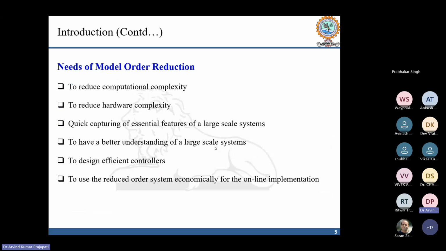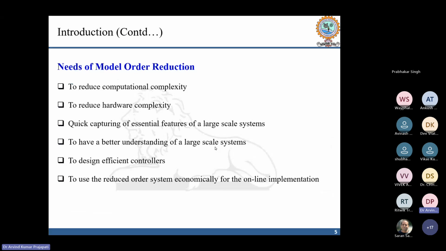And also, if you are going to reduce the hardware complexity, then we will require model order reduction, because if your original system has thousands of variables or thousands of equations, then in that proportion you will require hardware components.